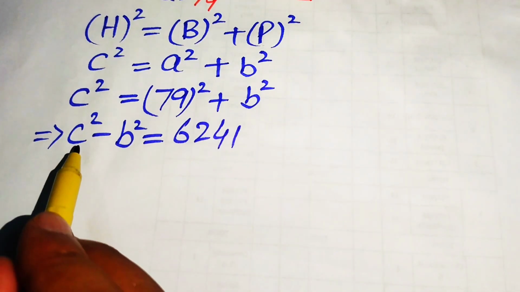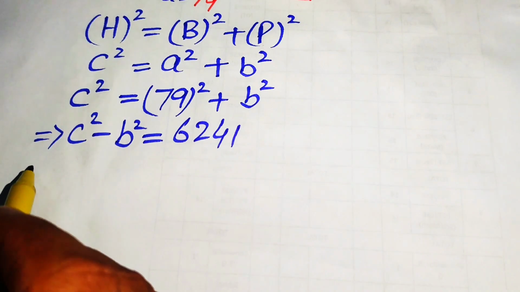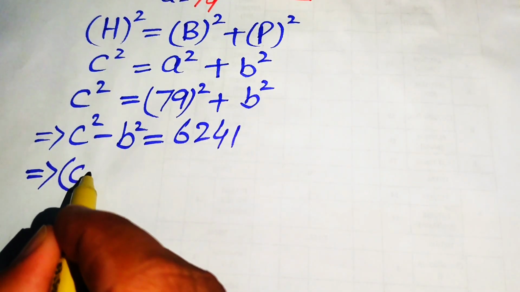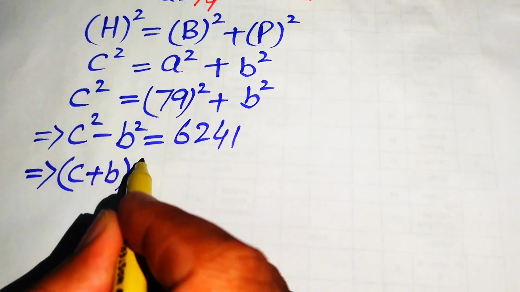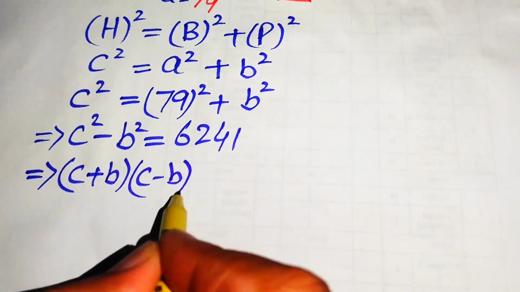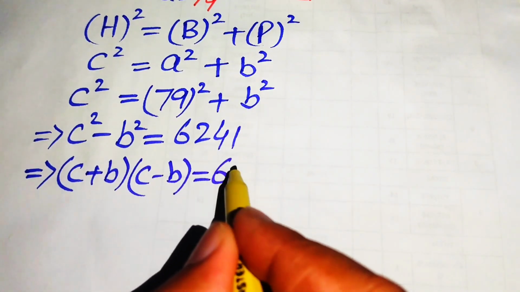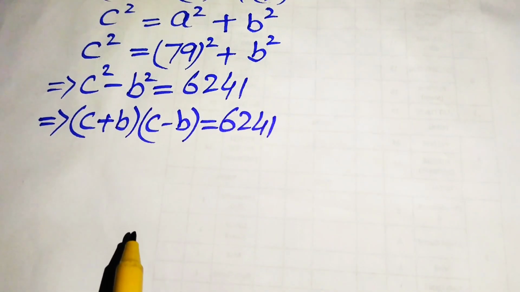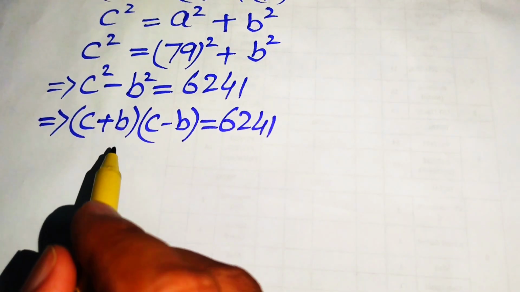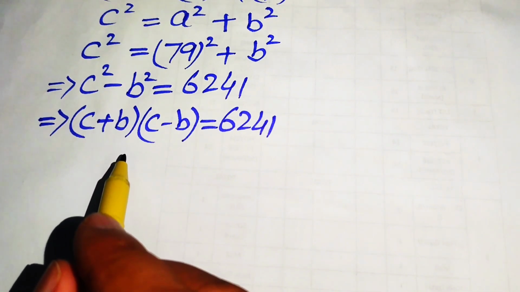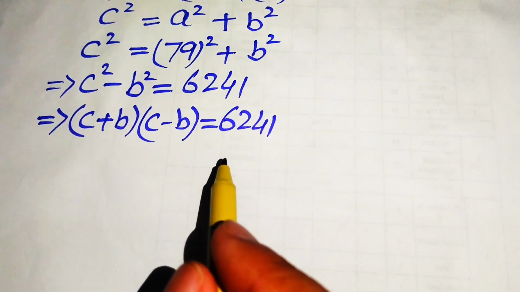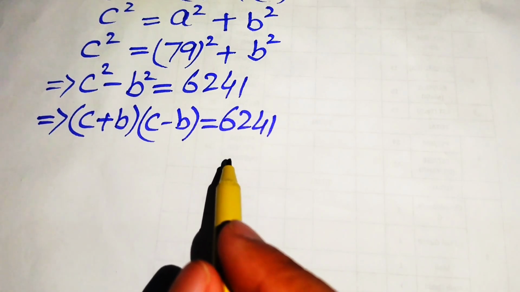If you focus on the left hand side, we have c square minus b square. We know that this equals c plus b times c minus b, and this equals 6241. On the left hand side we have two factors multiplied by each other, but on the right hand side we have only one factor. So first we find the two factors of the right hand side.